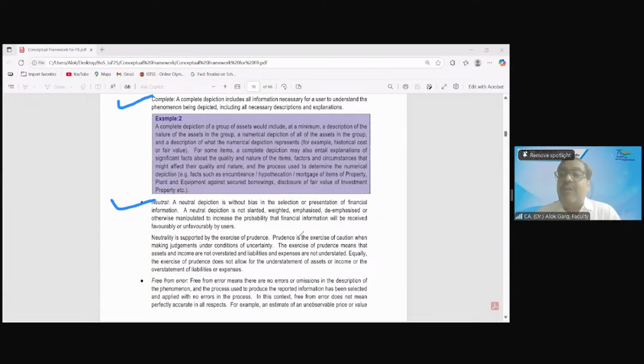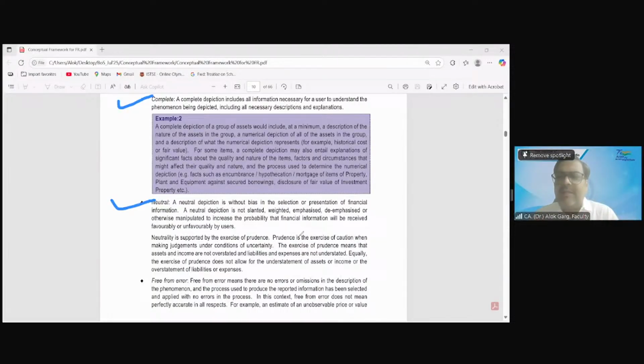Why? Because when you went to the registered valuer, he was giving you a valuation of, let's say, 800 crores, right? But then you went to the unregistered valuer and managed to get a valuation of 1500 crores.